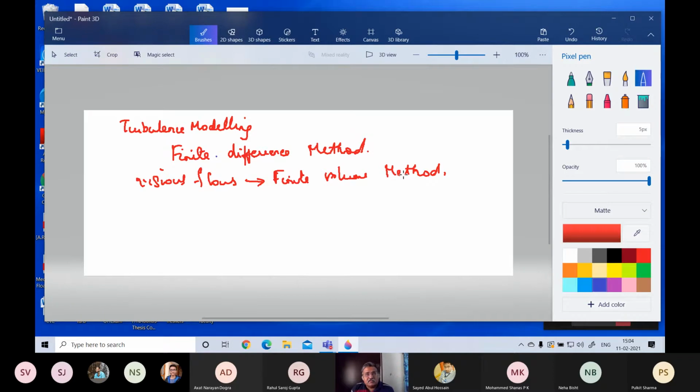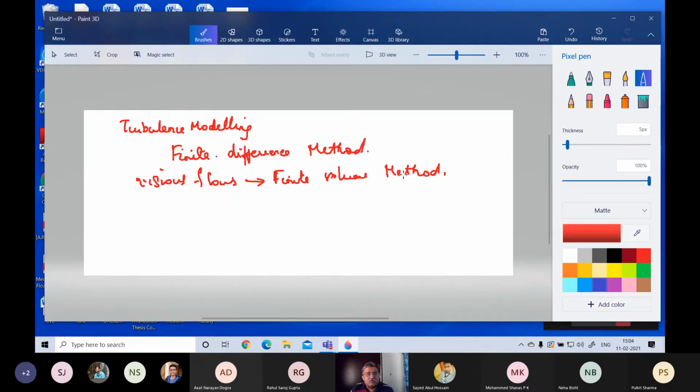It has been done to a great extent, so it's not really relevant for you. It's only for those who want to do more research on the generation of turbulence models.